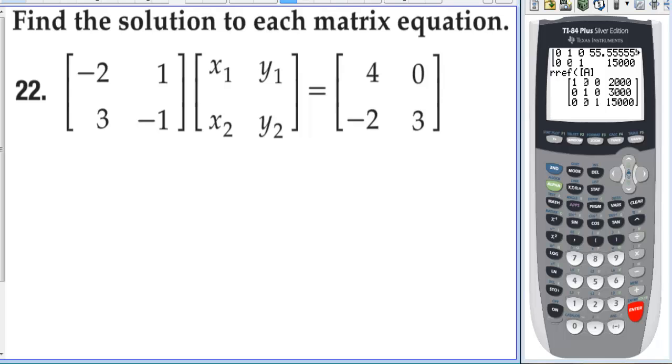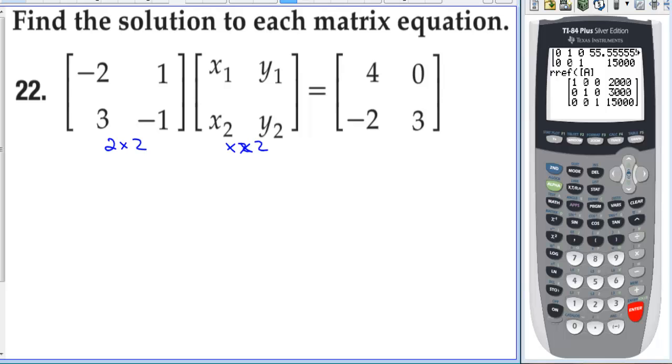And I said on the website I'm going to use 22 as an example. And where this is coming from, is you could say, well, this is a 2 by 2, and this is a 2 by 2. So the result of multiplying this would be a 2 by 2.